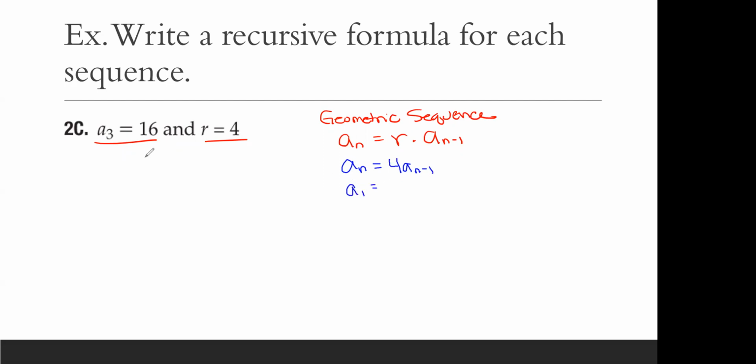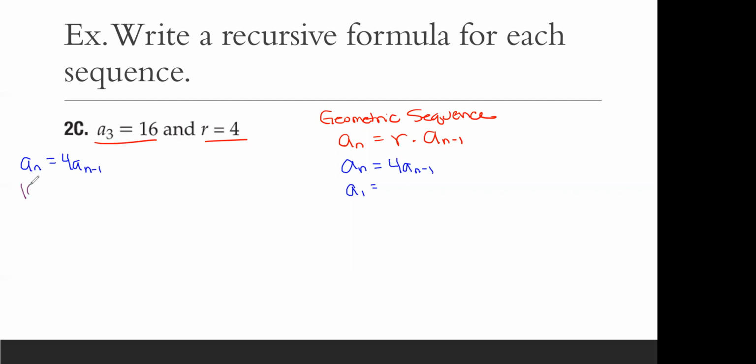So I'm given the third term. So what I can do is plug in the third term into my recursive formula, okay? So my recursive formula is a sub n equals 4 times a sub n minus 1. So I'm gonna plug in, it says a sub 3 is equal to 16.